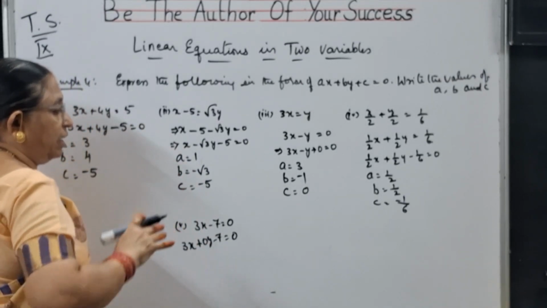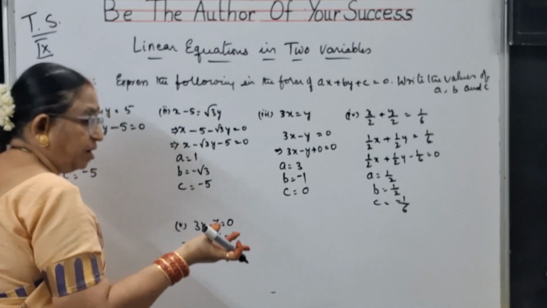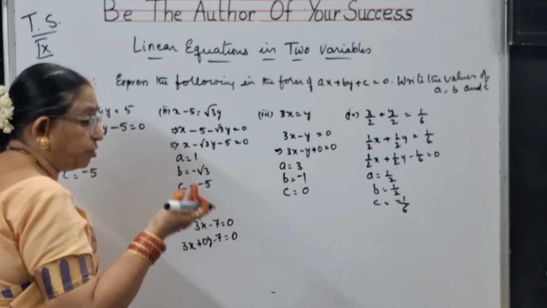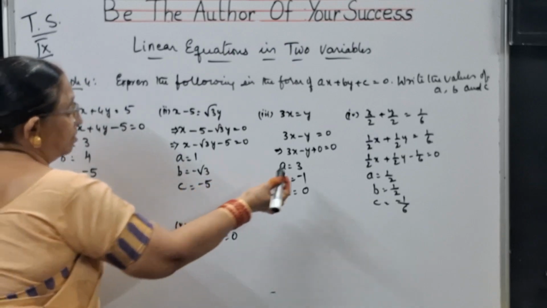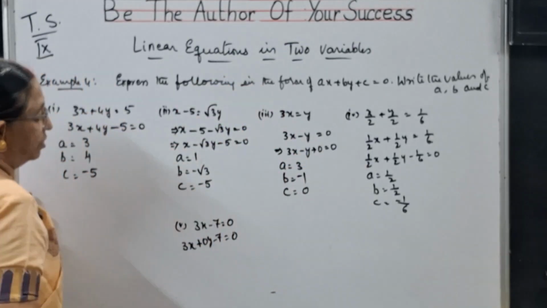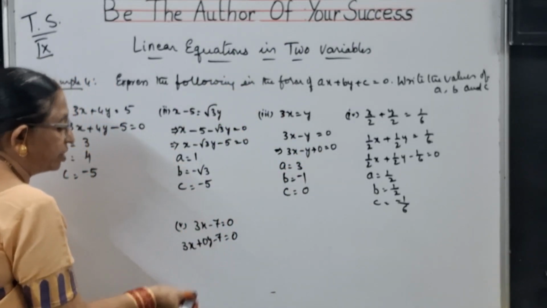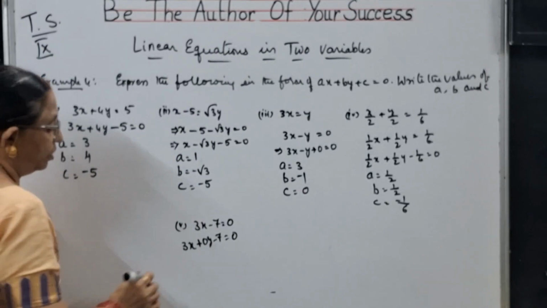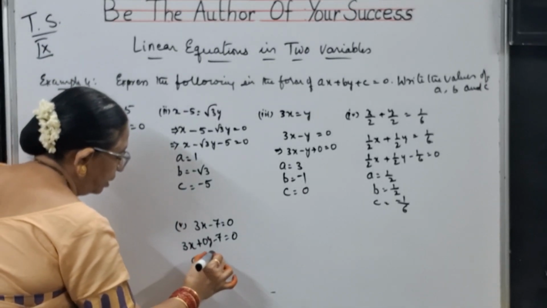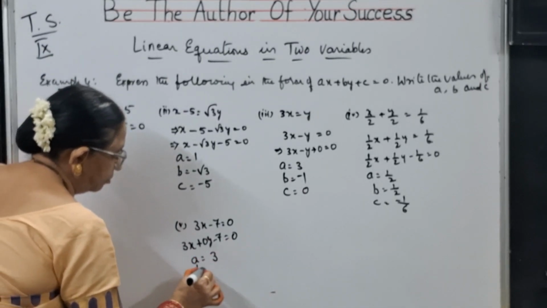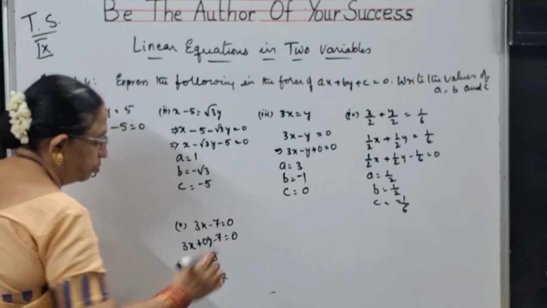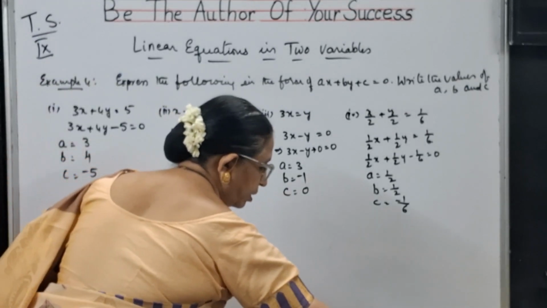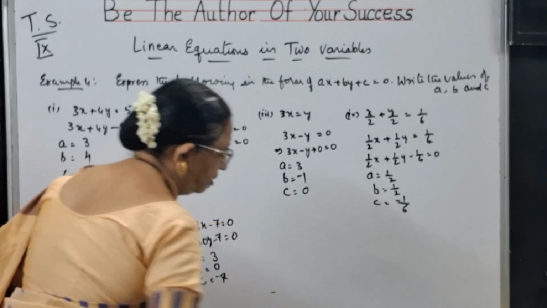That means in the equation we should show x, we should show y, we should show c. So wherever that content is missing, say in this case c is not there, we kept 0. In this case y is not there, so we have to keep 0. So what is a, children? A is 3. What is b? It is 0. What is c? It is minus 7. So I hope I am clear, children, with this.